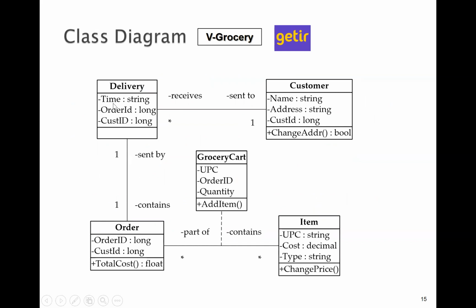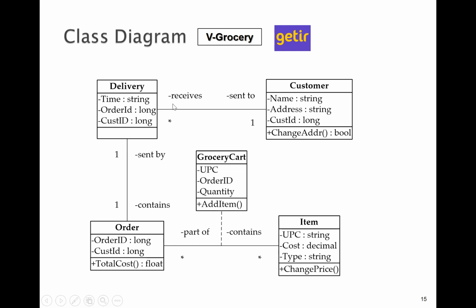For delivery, we can see the attributes, and for customers, the attributes and the methods. So for grocery cart, also we can see 3 attributes and 1 method. For order, we have 2 attributes and 1 method. For item, we have 3 attributes and 1 method.